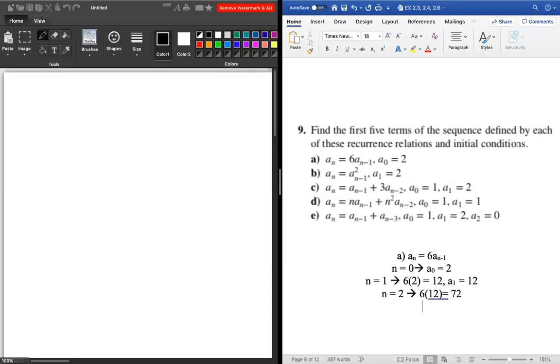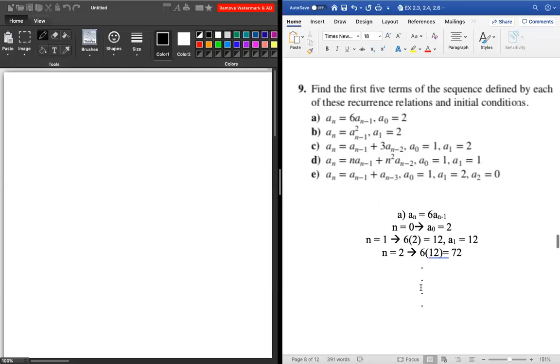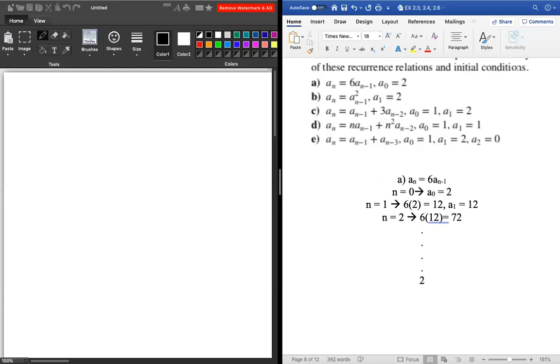And then we keep doing this for n equals 1, 2, 3, 4. So the sequence will be 2, 12, 72, 432, 2592.